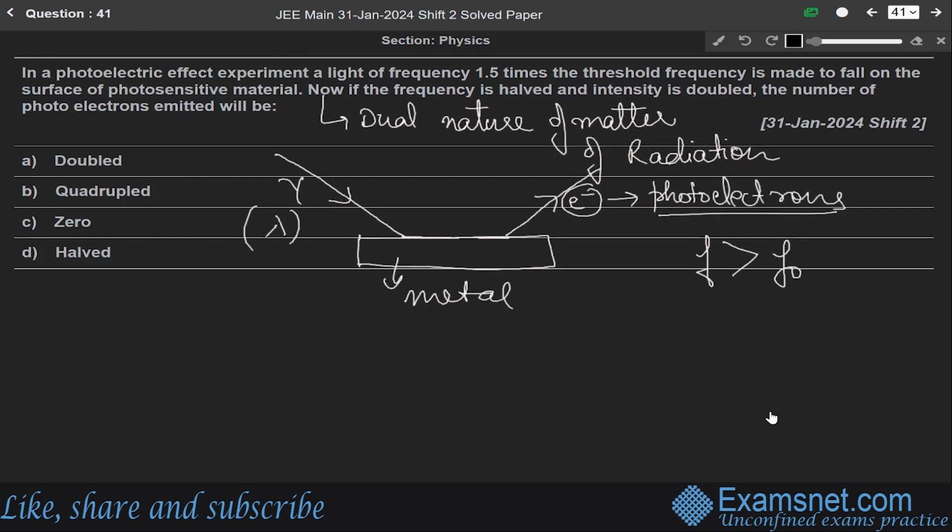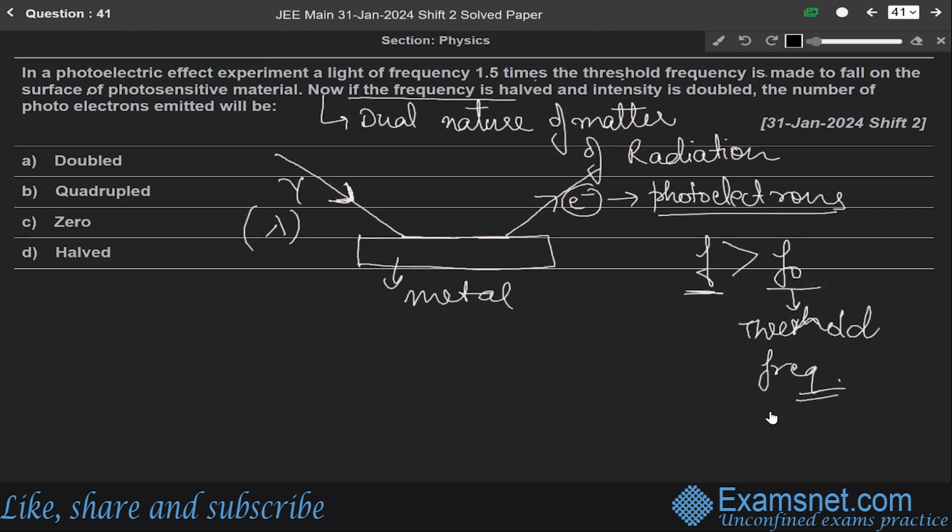So basically, if the light which is incident on the surface of the metal has a frequency greater than the threshold frequency, then only the electrons are emitted from the surface of the metal. Now, according to the question, a light of frequency 1.5 times the threshold frequency is made to fall on the surface of the photosensitive material.